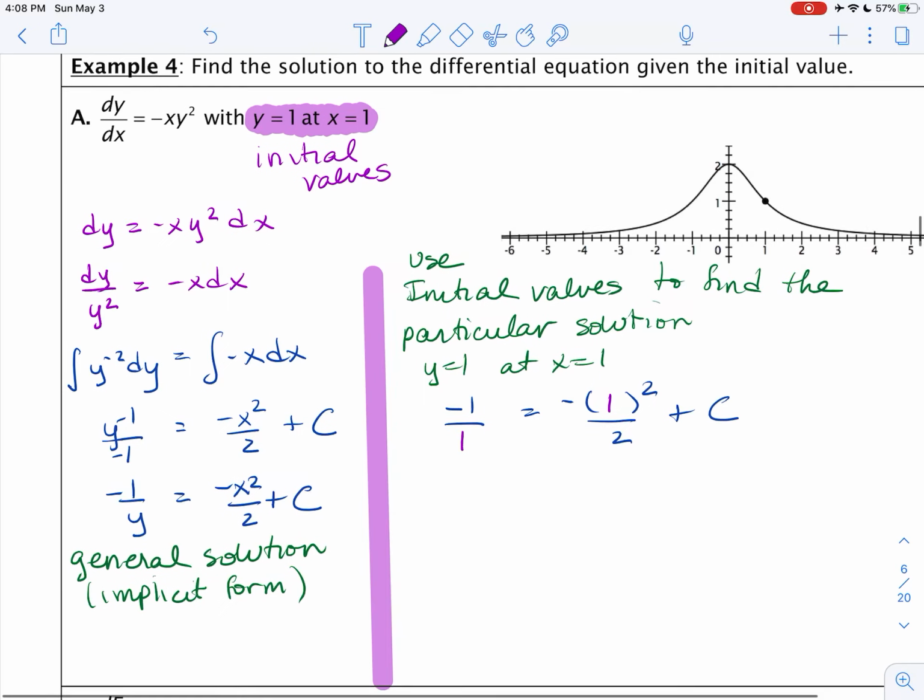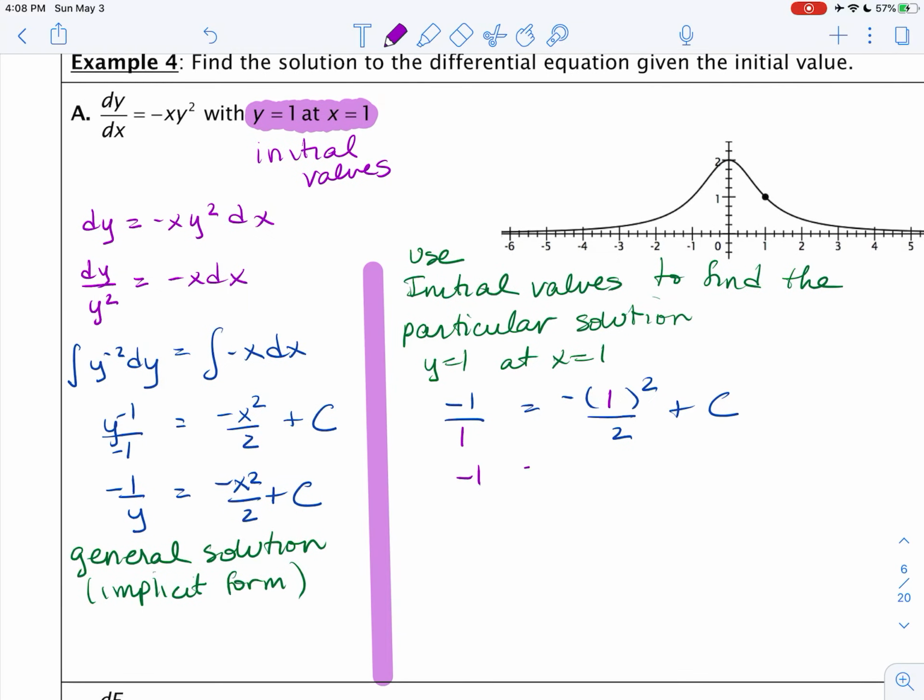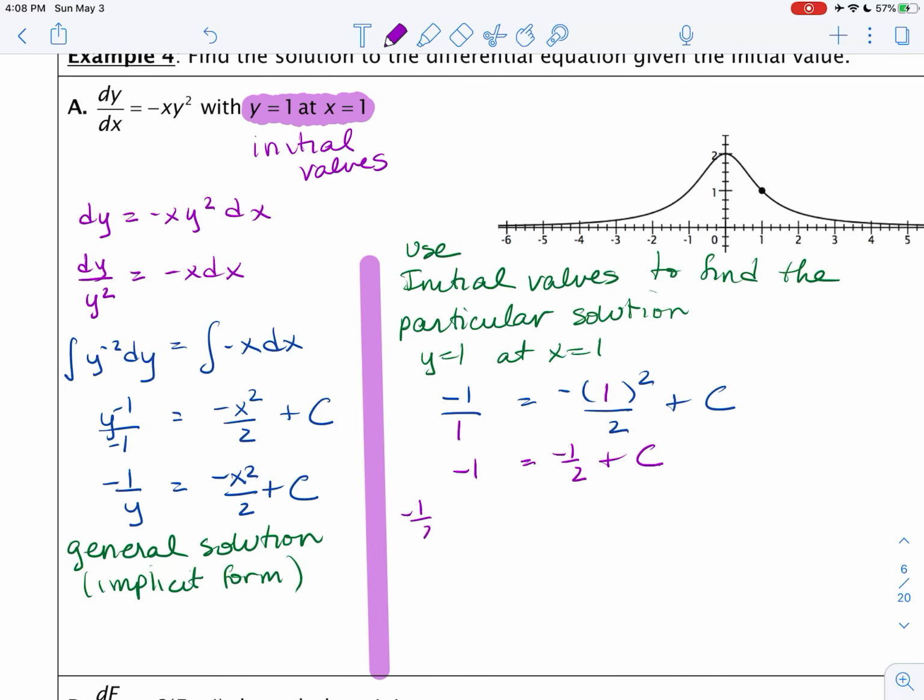And so in simplifying this, I get negative 1 equal to negative 1/2 plus c, and I can move things: minus 1 plus 1/2 is equal to c, and I would get that c is equal to minus 1/2.